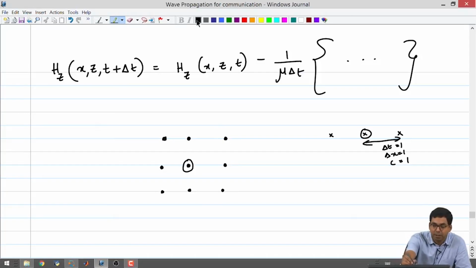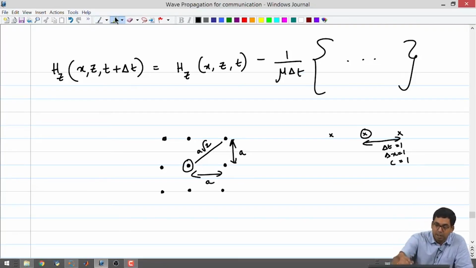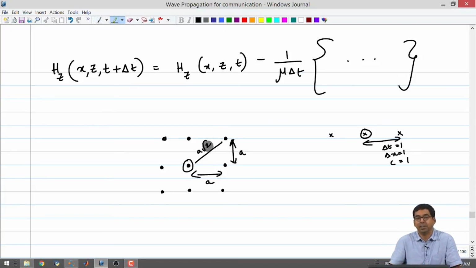So, if your side is going to be marked by A, this is also A, this distance is A root 2. It travels a longer distance at the same delta t. So, you have to consider the highest velocity in your system possible and then figure out what your delta t would be like, right.